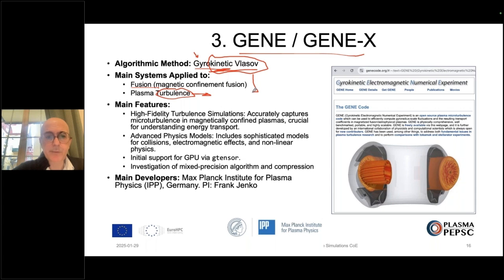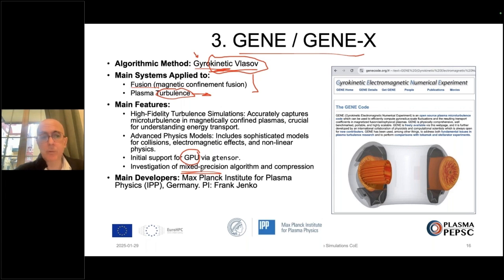They have very advanced physics models, and one thing that we are working on in PlasmaPEPSC is really to understand first the difficulty, but also improve the GPU porting, increase the scalability at extreme scale, but also look at how far we can go when it comes to employing mixed precision in the algorithm itself.